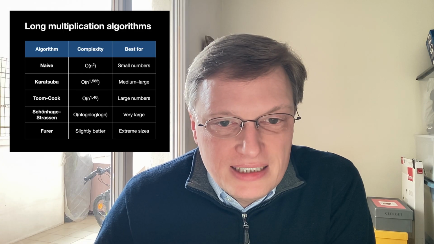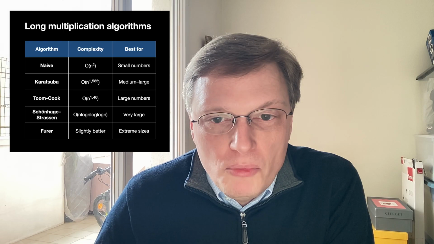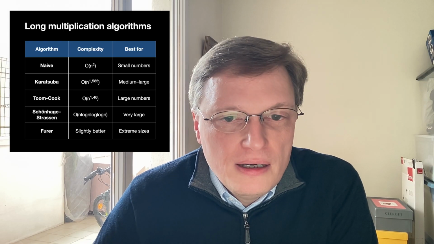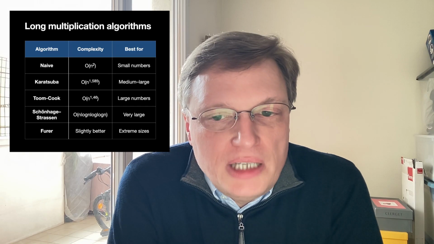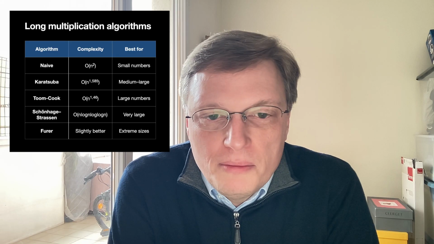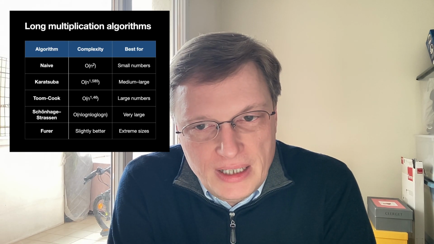Now, let's move to multiplication. I implemented the naive algorithm. That is, the one you learn in grade school. And its time complexity is n squared. There are more efficient ones, which I won't be doing, at least not now. Bear in mind that those algorithms, while more efficient in terms of big O complexity, involve increasingly more overhead.